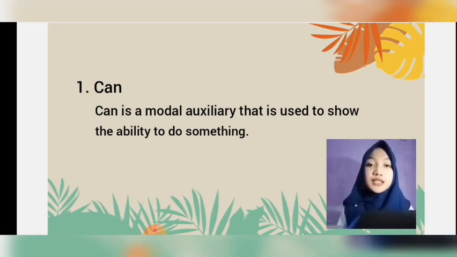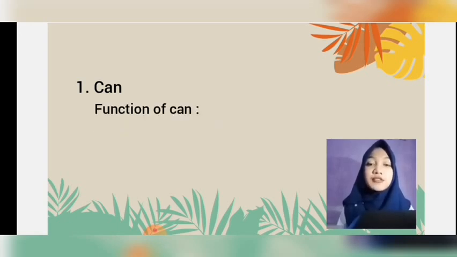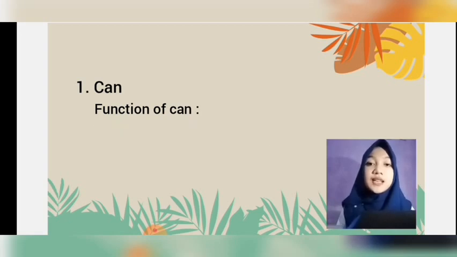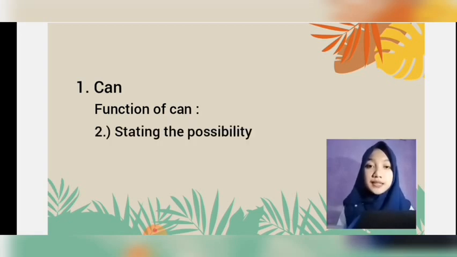Next, the functions of can. The first function is stating the ability. For examples, she can memorize it very well. Or another example, I can do anything if I want. The second function is stating the possibility.